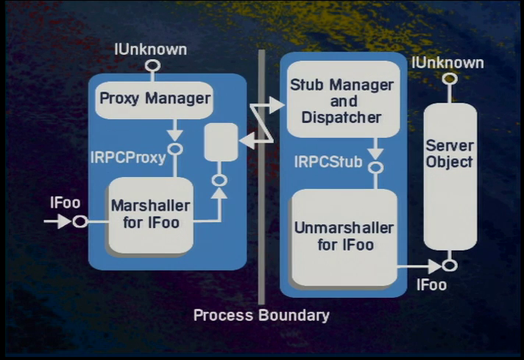The next diagram dives into detail of how these proxy objects and stub objects are constructed. The first thing to notice is that I have several sub-objects that collaborate to provide the functionality of these proxies and stubs. The reason for this functional separation is simply that our model supports multiple interfaces on an object and extensibility of the set of interfaces in the system. We therefore need a mechanism to install marshalers for interfaces that are added to the system.